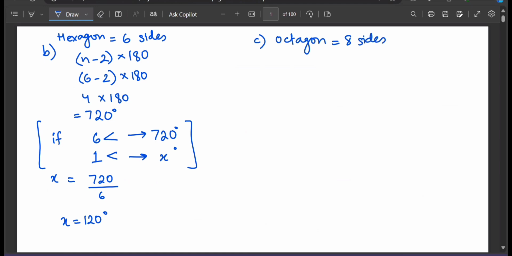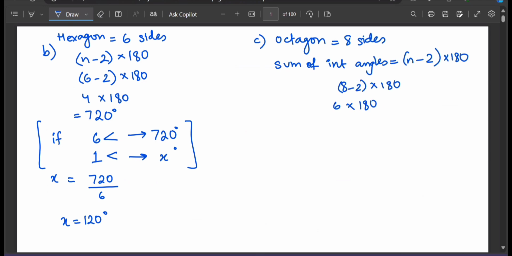Sum of interior angles is (n minus 2) into 180, so (8 minus 2) into 180, 6 into 180, and 6 into 180 is 1080 degrees.